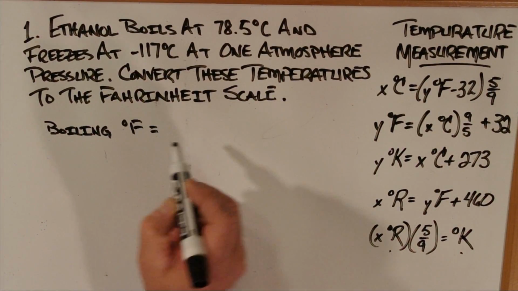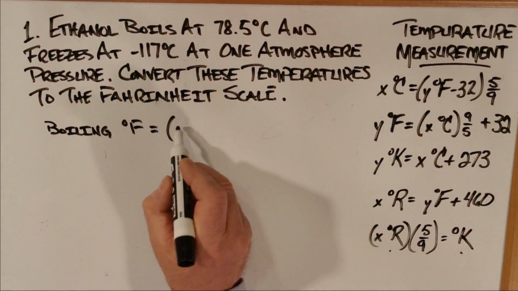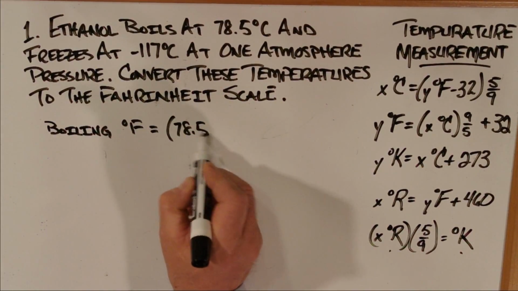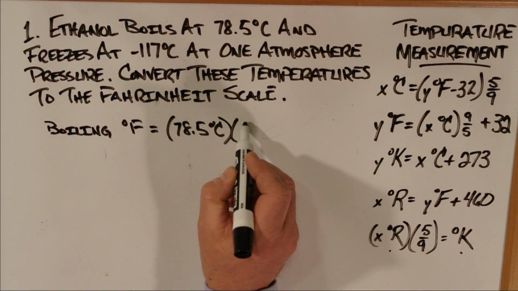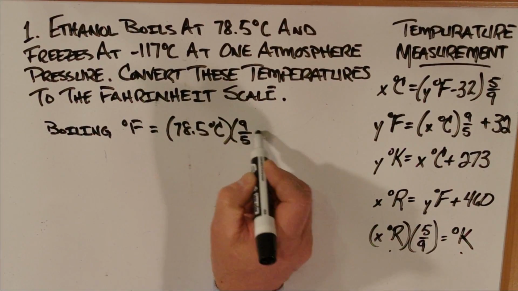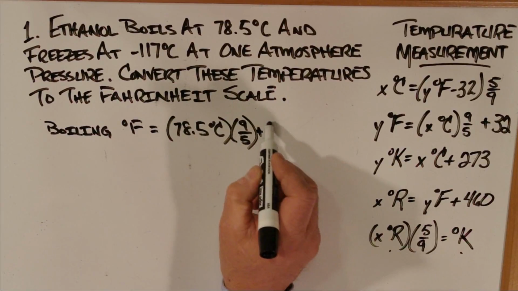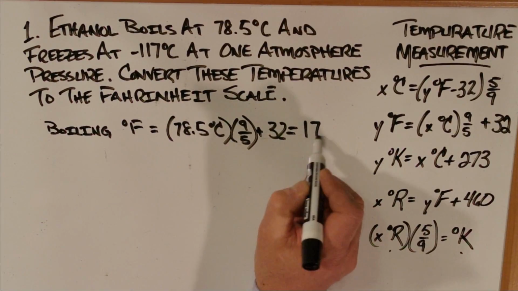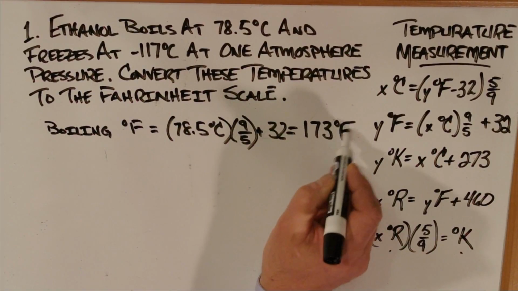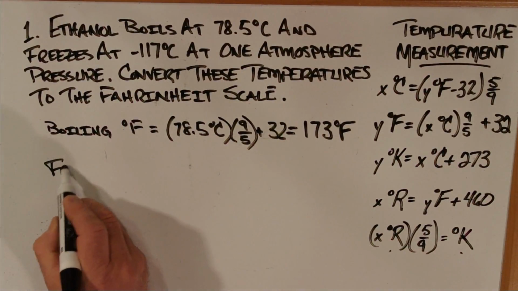So degrees Fahrenheit will be 78.5 degrees Celsius multiplied by 9 over 5, to which we will add 32. When we do the arithmetic, we get a numerical value of 173 degrees Fahrenheit.